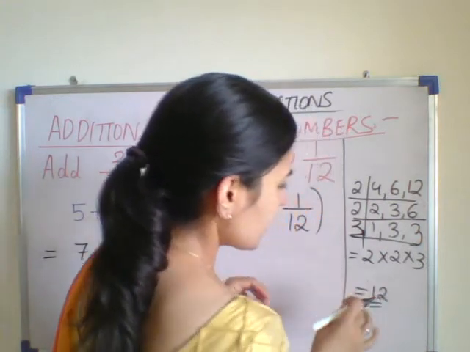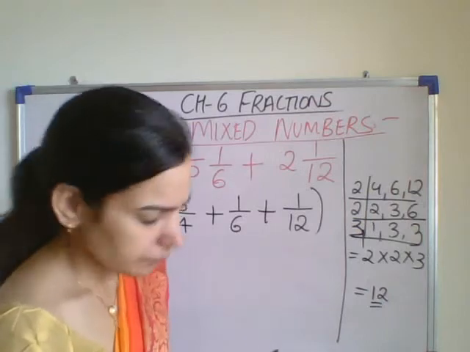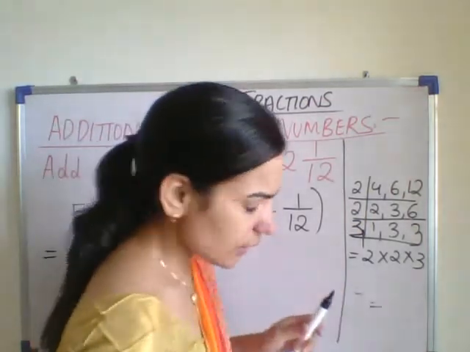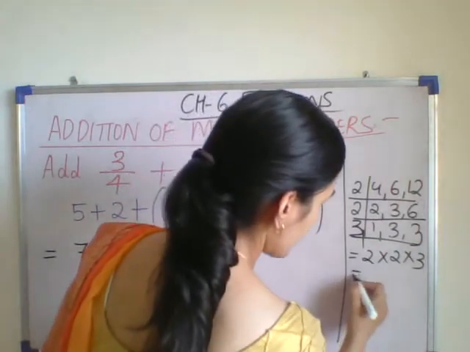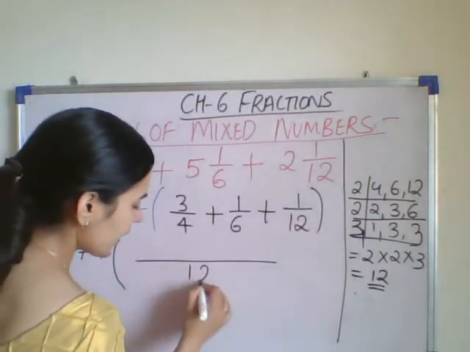Here this 2 will not come. You will get the LCM as 12. So I will write here 12.